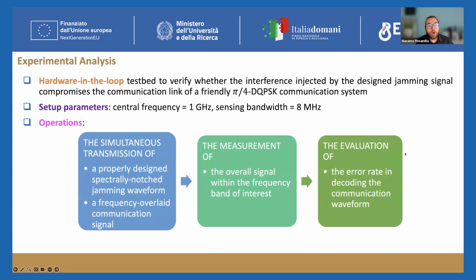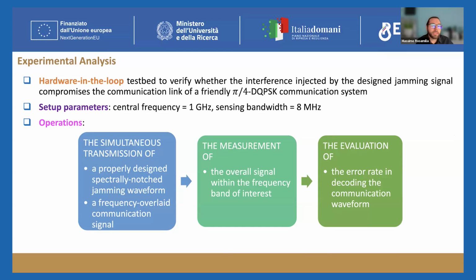Okay, we also carried out some experimental analysis for this application using a hardware-in-the-loop testbed. The aim of the experiment was to verify whether the interference injected by the designed jamming signal compromises the communication link of a friendly pi/4 DQPSK communication signal. For these experiments, we considered a central frequency of 1 GHz with a sensing bandwidth of 8 MHz.